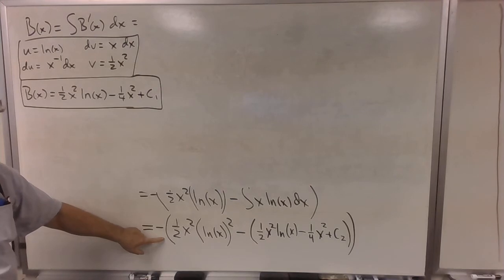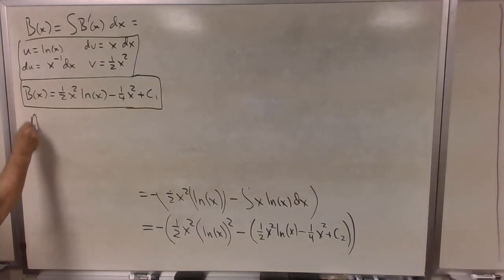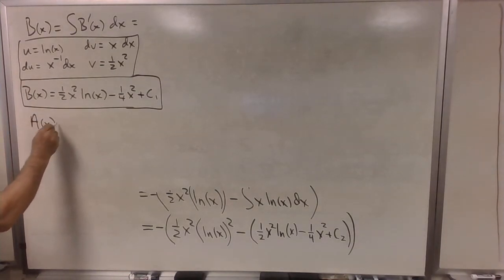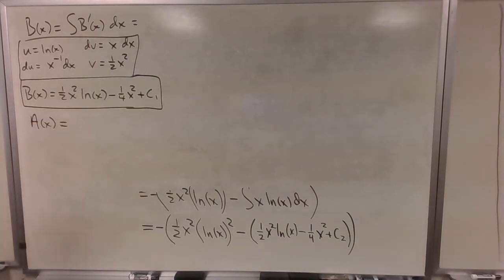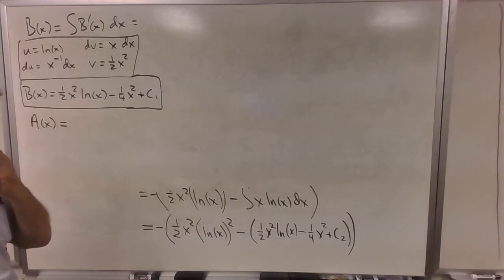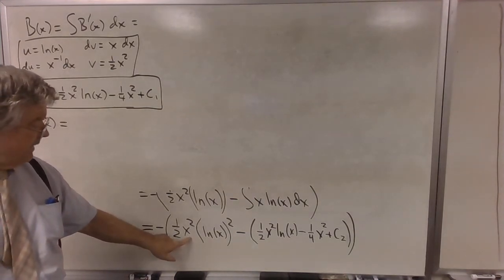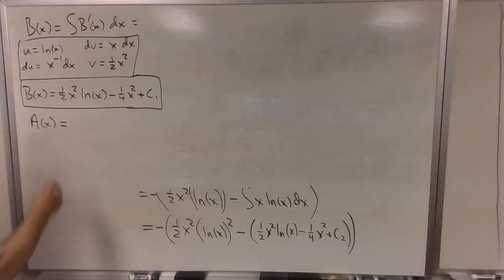This piece of junk down here, once I simplify it, will be a of x. So I'll write that down here. And I have a negative sign to distribute to everything inside. So let's see, negative 1/2 x squared natural log of x squared.